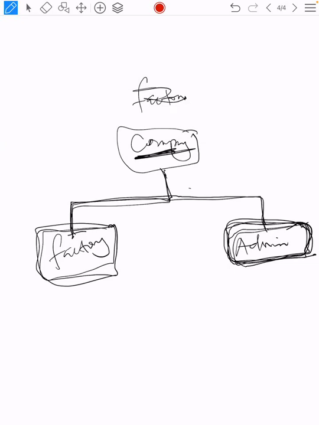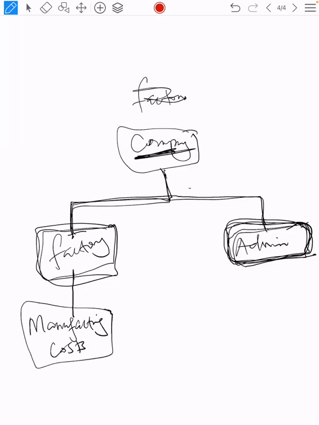After that, the management accountant is going to say, the costs that are going to come from the factory, I am going to refer to them as what? As manufacturing costs, because all we know that happens in a factory is that there is manufacturing taking place. And then if a cost is going to emanate from the admin, we are going to refer to that cost as non-manufacturing cost.